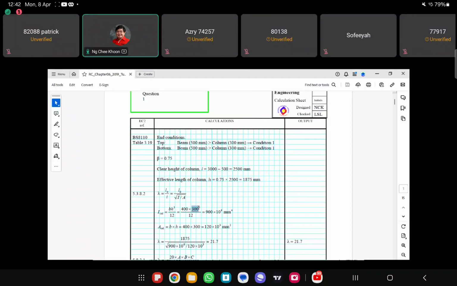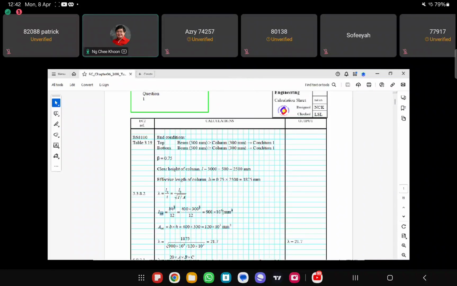So you see that this H is actually not the larger dimension, because this is IY, right? If you are calculating IX, then the one that gets the cube is the larger dimension, right? In this case, for IY, the H is the smaller dimension, right?